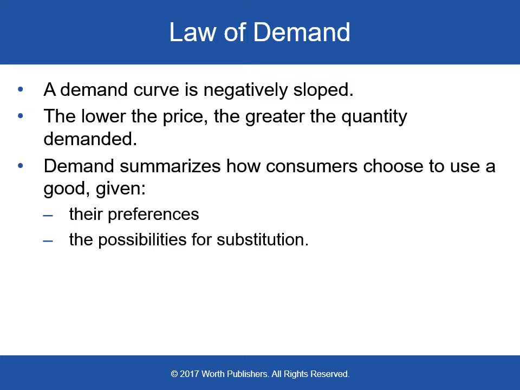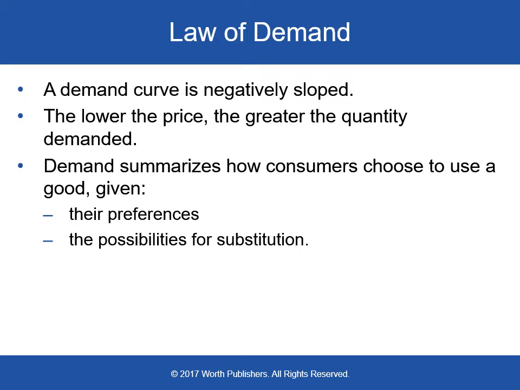And the shape of the curve also represents preferences. So if people, everything else equal, prefer to be warm rather than cold, that will affect the shape of the demand curve. People will be willing to pay a relatively high price for oil because they like to be warm, they use it in heating, they like to drive, they like to fly, they have preferences to do things that require oil.